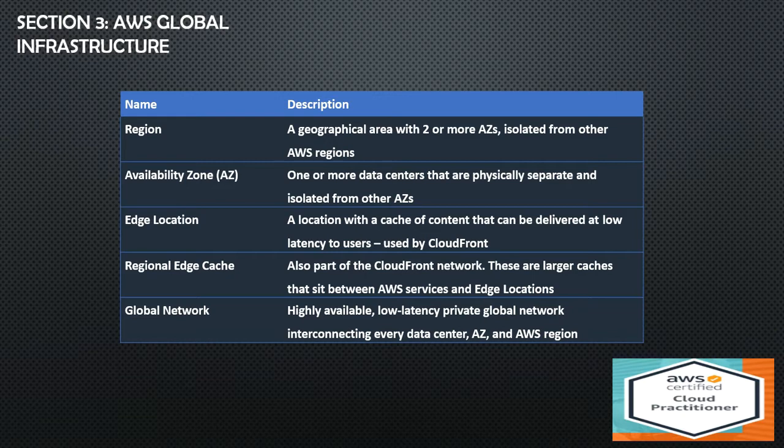That is the whole idea, to make it redundant, so that if one AZ goes down, the users will not be affected. They will be routed to another AZ, which will be there to serve their needs. And then an AZ is one or more data centers that are physically separate and isolated from other AZs.